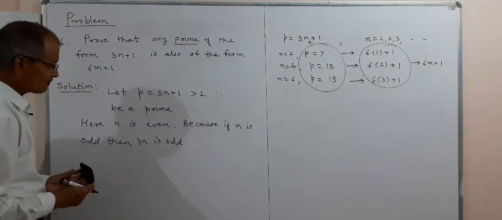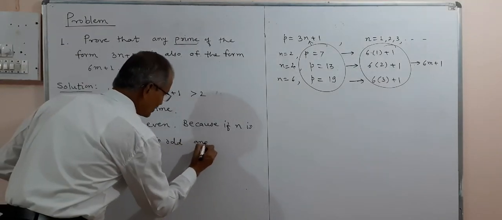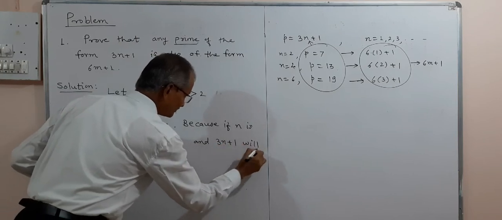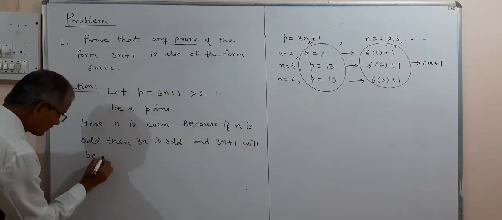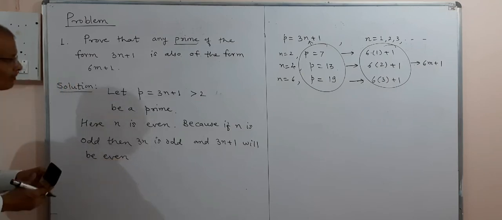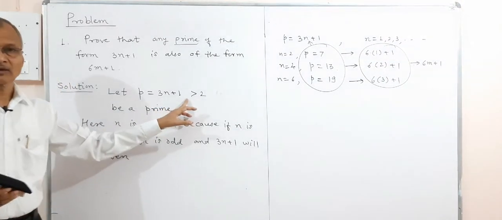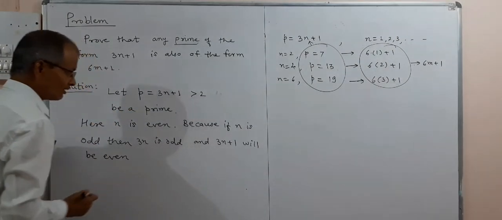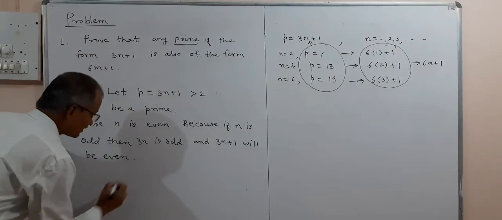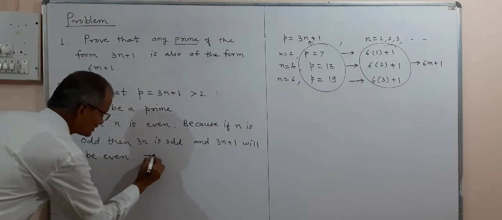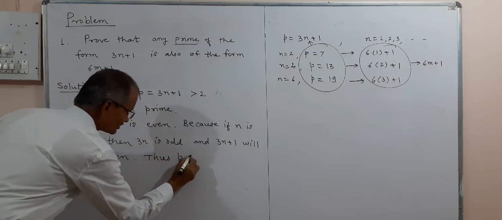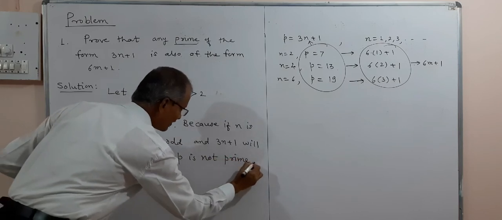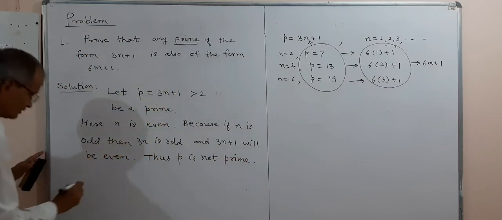So 3n is odd and 3n plus 1 will be even. So an even number greater than 2 cannot be a prime, and that will not be a prime. And this is thus P is not prime. So therefore we must have n is even.